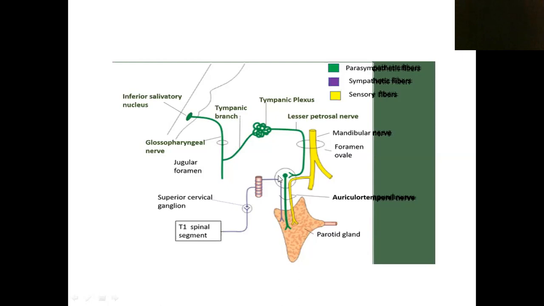That is the relay. So this otic ganglion is a relay station. From this, the second order neuron will enter into the auriculotemporal nerve. Along with the auriculotemporal nerve, it will reach the parotid gland. So this is how the secretomotor impulse reaches the parotid gland.